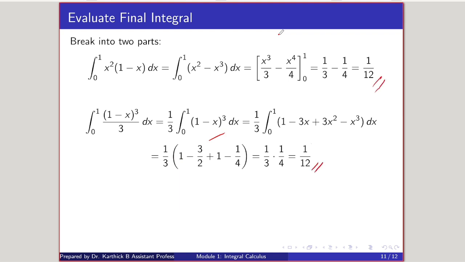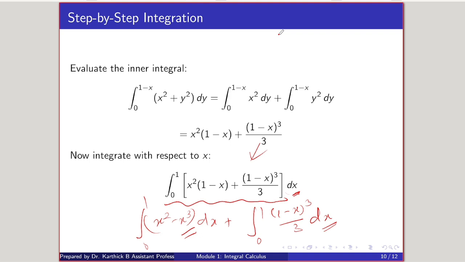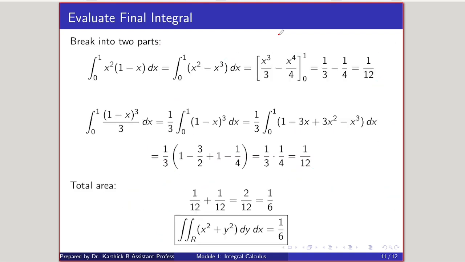So the first part is 1 by 12, and the second part also gives 1 by 12. Because in the previous step we broke it into two parts with a plus, we have to add up both. Finally, adding both, I'm getting 2 by 12, which is 1 by 6. So finally, that double integral gives the area as 1 by 6.